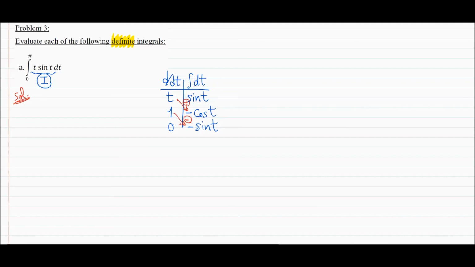So directly our integration will be negative t cosine t plus sine t, and here I do not write the constant of integration.